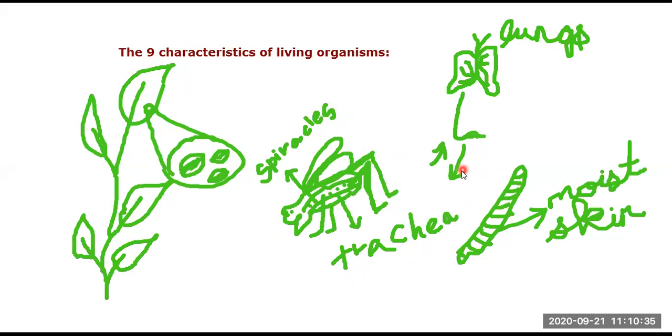We breathe through our noses, and from the nose, the air goes through the windpipe to the lungs. Earthworms breathe through their moist skin, and they live in moist places.